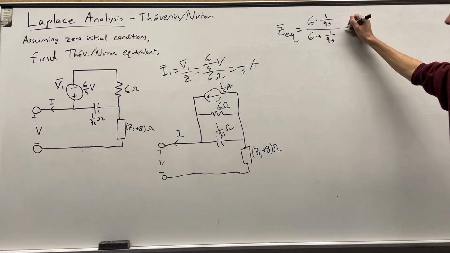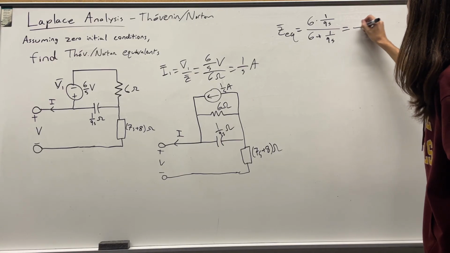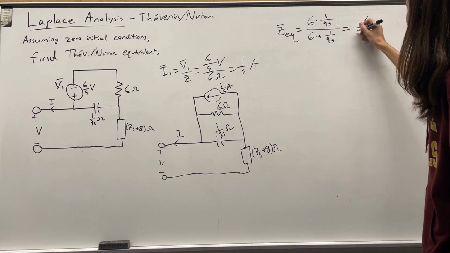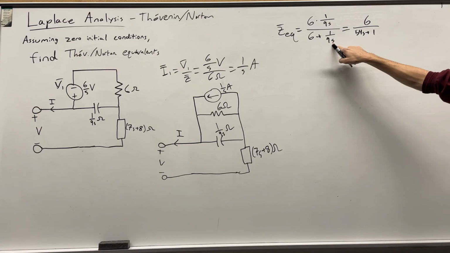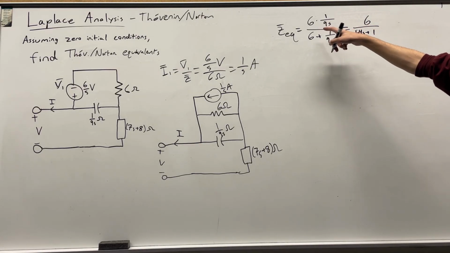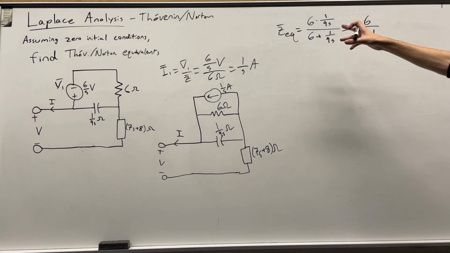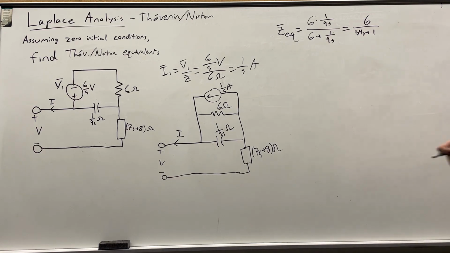And that gives us 6 over 54S plus 1, because we just multiply the top and bottom by 9S. That cancels out this term, and then leaves it 6, and then 54S plus 1 ohms.